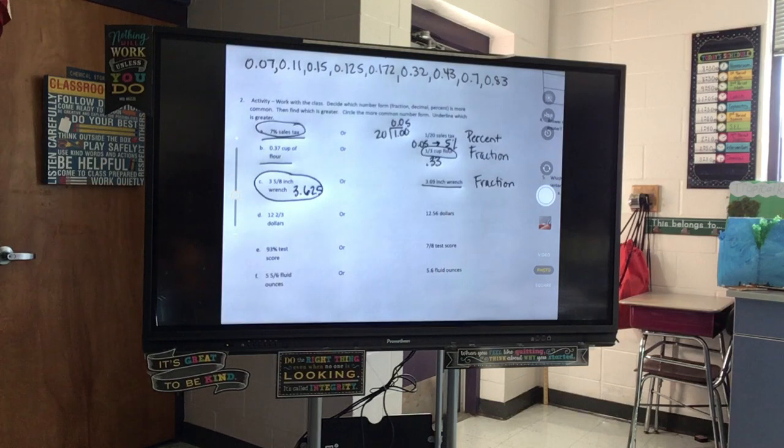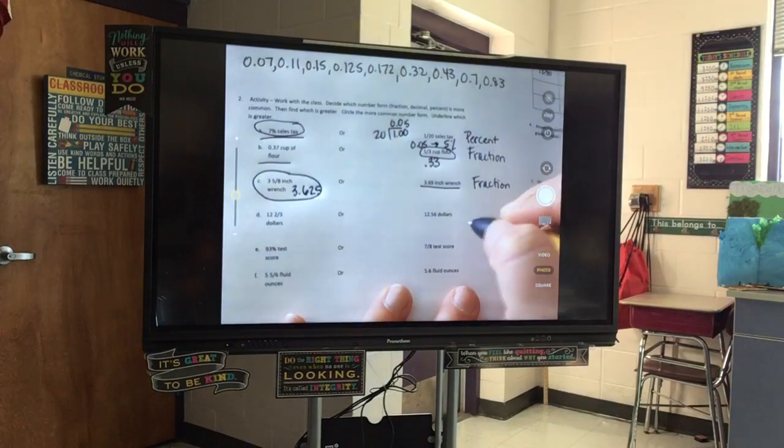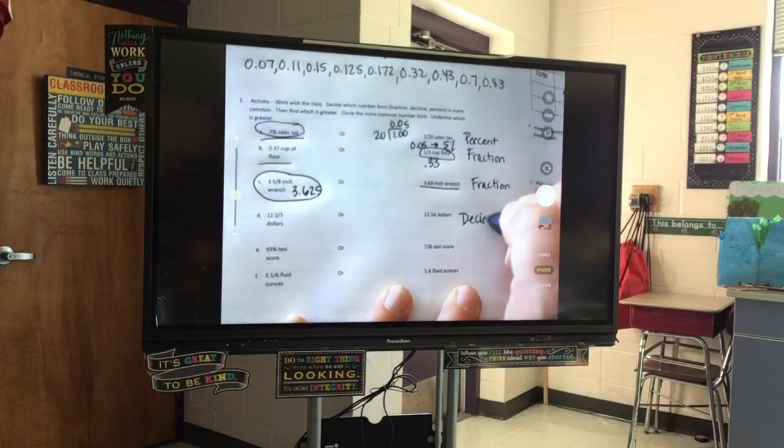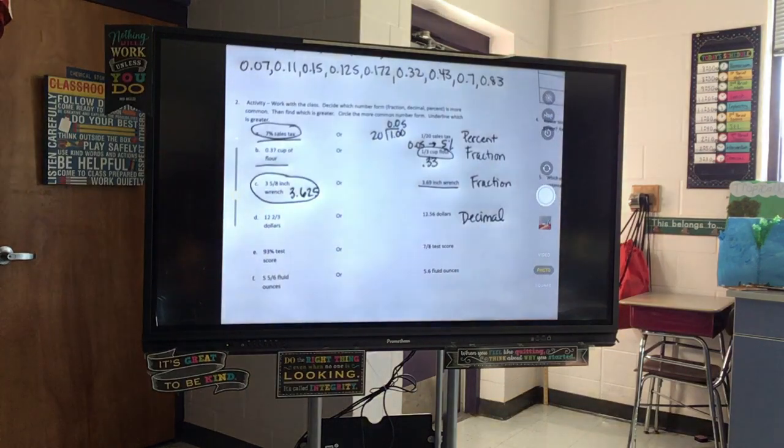All right, D. So again, we're looking at fraction, decimal, percent. So we have 12 and 2/3 dollars. Never heard that in my life. Or we have $12.56. So which one are we using? Fraction, decimal, percent. What do you think, Ellie? Yes. So we're using the decimal. Bless you. All right.